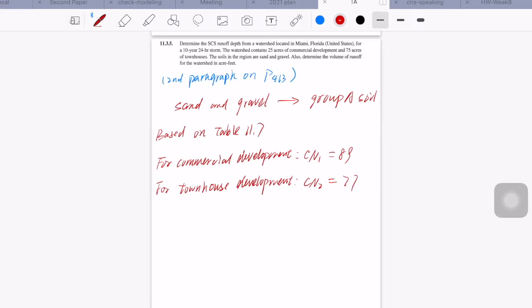Then we will use area as a weight to calculate the practical CN. So the practical CN should be equal to A1 times CN1 plus A2 times CN2 divided by A1 plus A2.